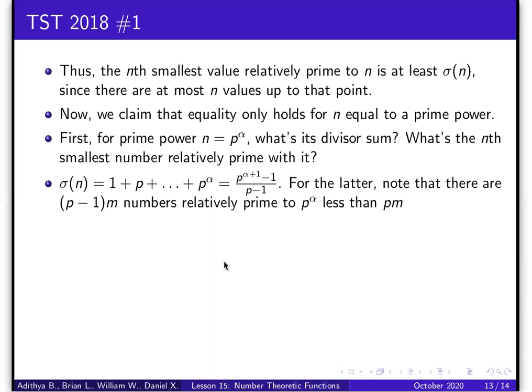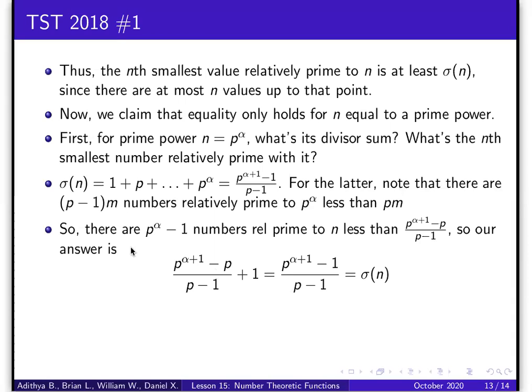So now we want to find the p to the alpha smallest number which isn't divisible by p. Well, there are p to the alpha minus 1 numbers relatively prime to n which are less than p to the alpha plus 1 minus p over p minus 1, since we get p to the alpha minus 1 when we multiply by p minus 1 over p. So we just need one more number which is not divisible by p.